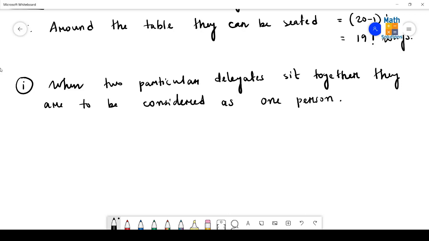Therefore the total number of persons becomes, out of 20, 2 persons we are considering as a single person, so it is of course 19. Total number of persons becomes 19.